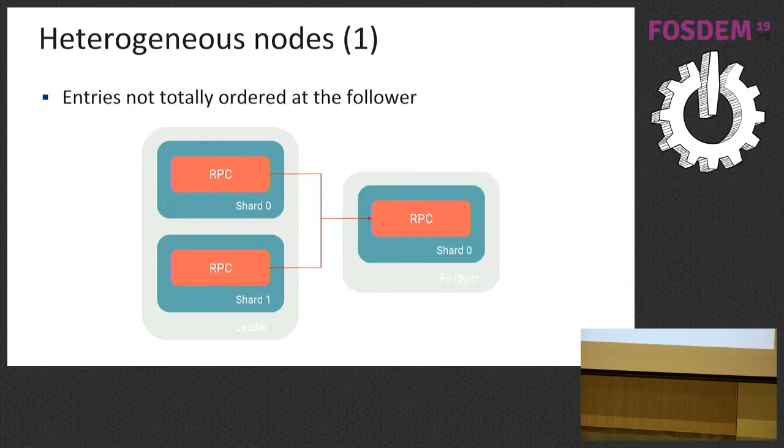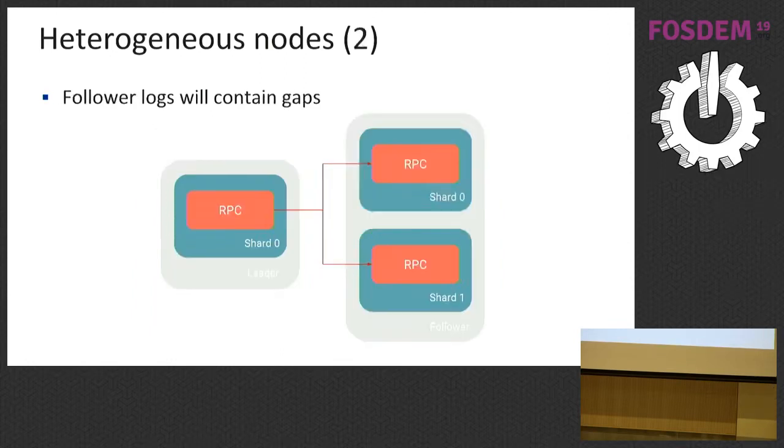In this case, the follower can have entries that another leader shard gave it, and they won't match what this other leader shard is expecting. We could solve this by going over and filtering out entries in the log, but it would be cumbersome. We can have a similar scenario where the leader shard is talking to different follower shards.